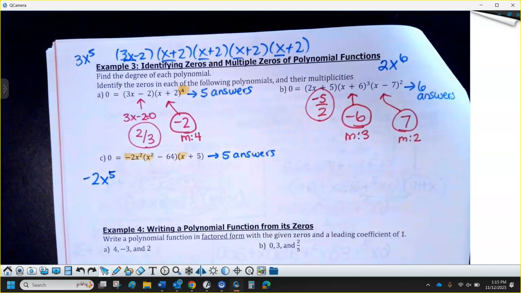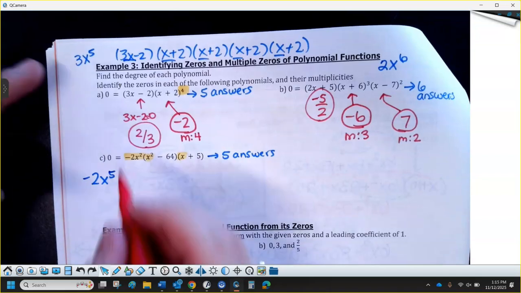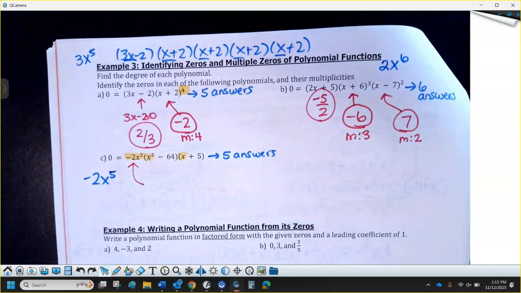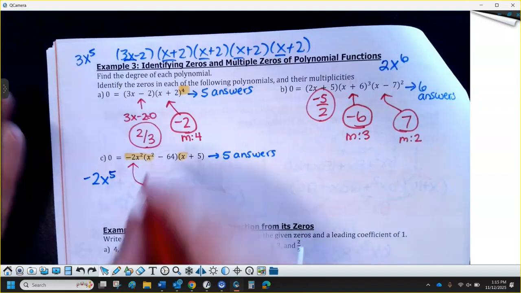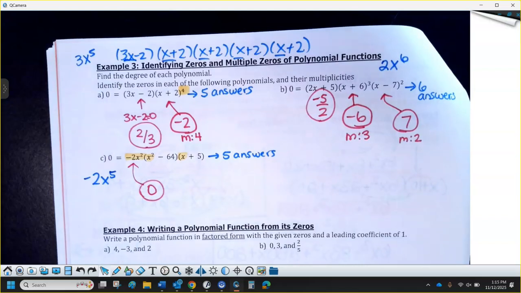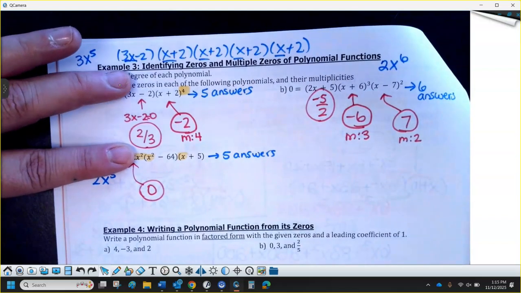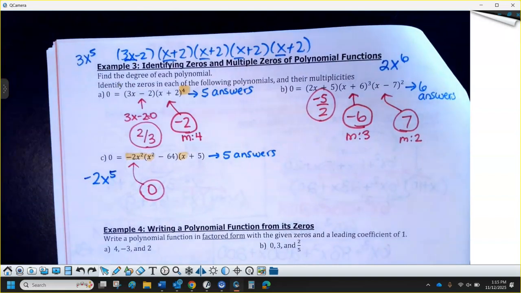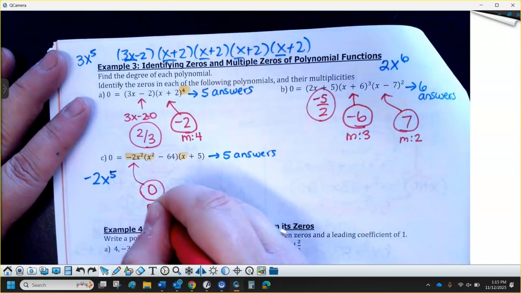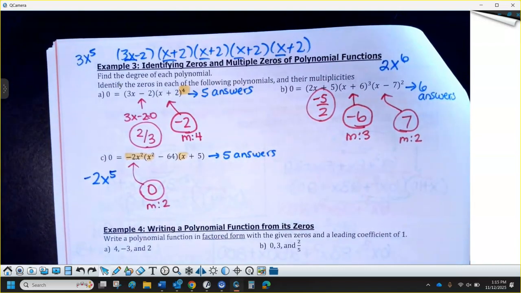Now, out in front, I have negative 2x squared. What would you plug in for x that would make that 0? Just 0. Exactly. Now, that's a little bit weird. Don't worry about the negative 2. If you have x squared, because it's outside, it's not in any parentheses, this would have a multiplicity of 2, so that counts twice.